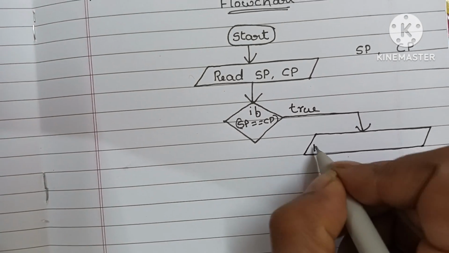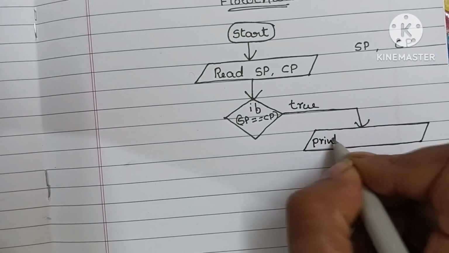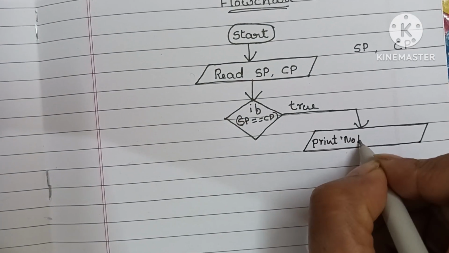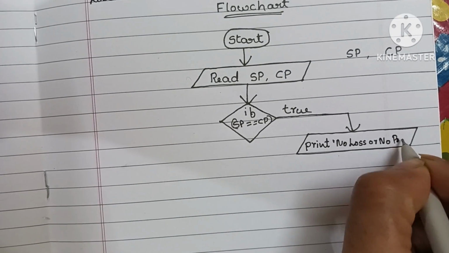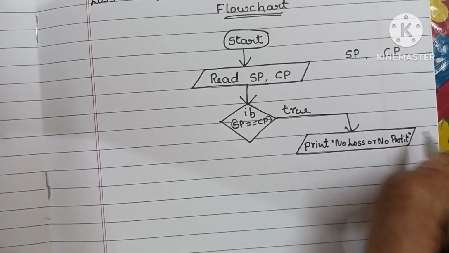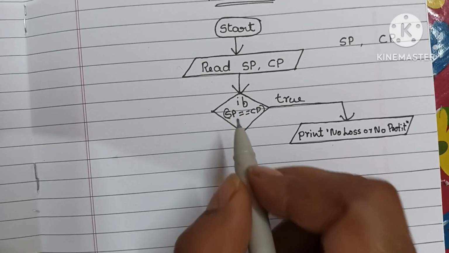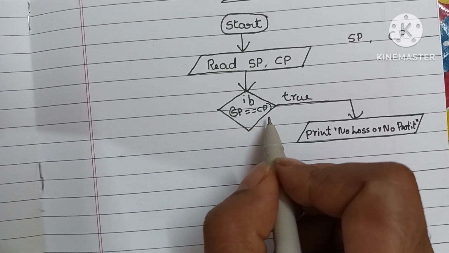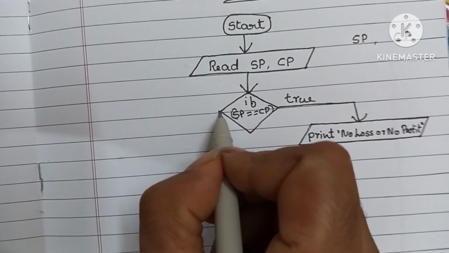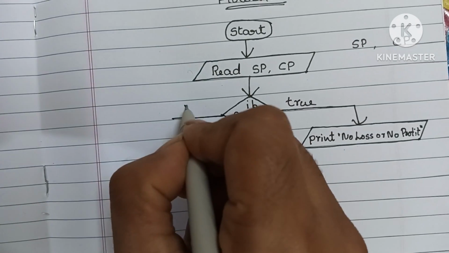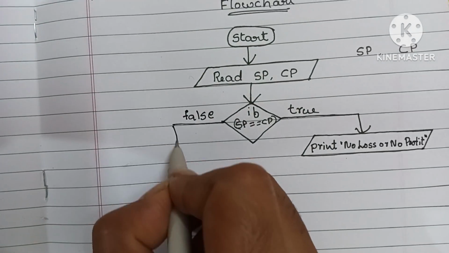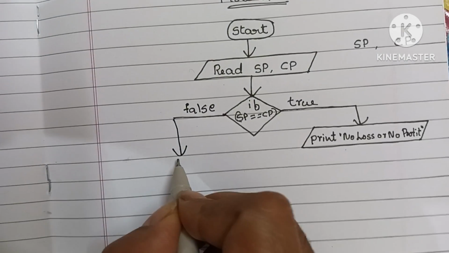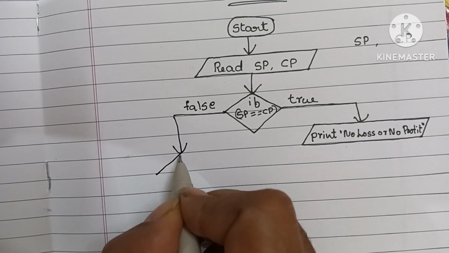Here we have to print no loss or no profit. If selling price equal to cost price, if this condition is not true, if this condition is false, again we have to compare SP and CP.